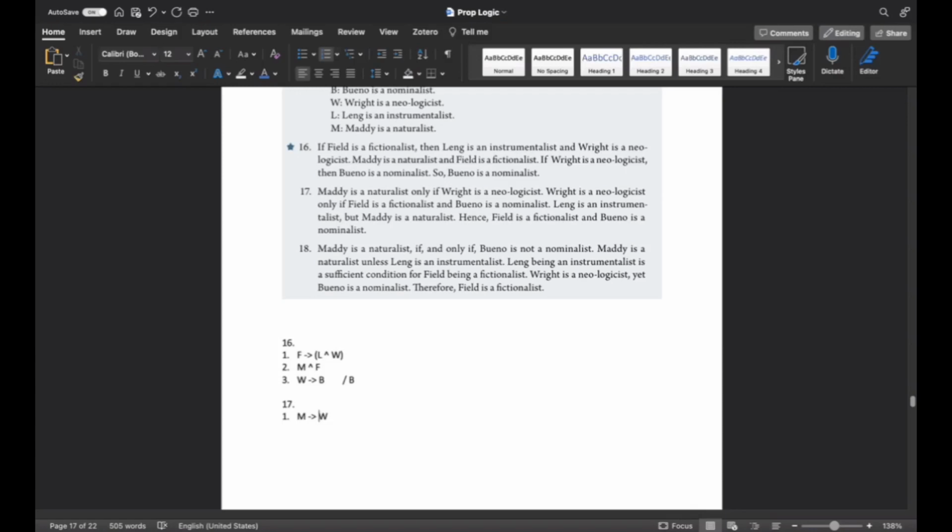So if the truth value of Wright being a neologicist is false, then Maddie is a naturalist cannot be true, because then that proposition will have a false value, right? Because the second one needs to be true.